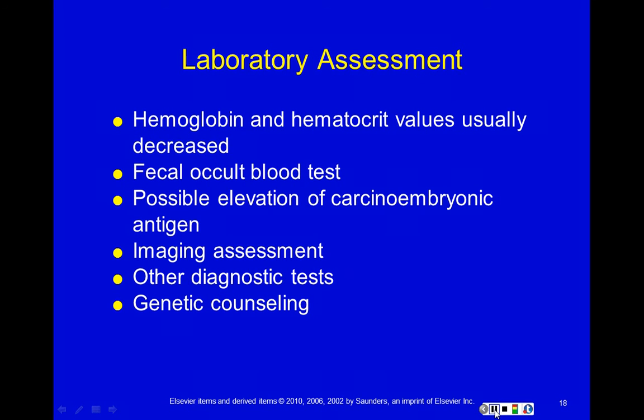What we have to remember from our cancer lecture is that if a person has polyps, even if the polyps are not cancerous, we know that we have things that are promoters.